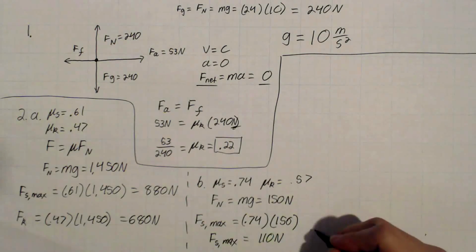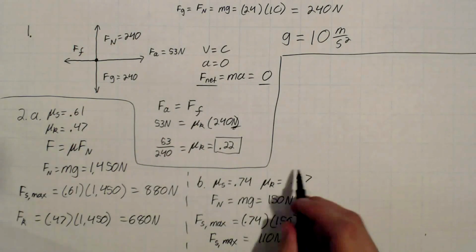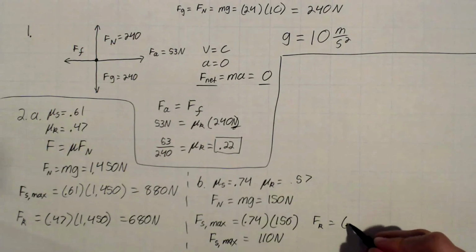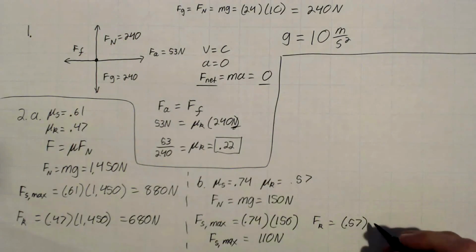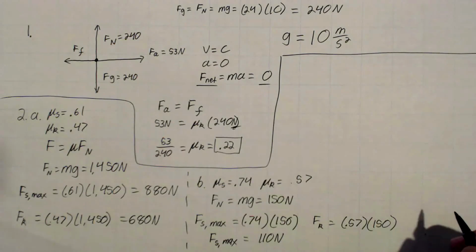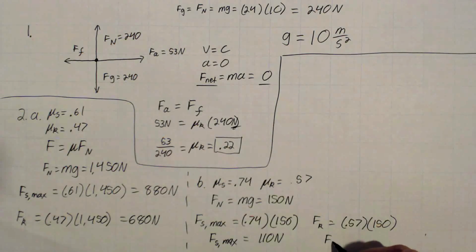And for our kinetic force of friction, it's going to be equal to our kinetic coefficient times our normal force. Because remember, force of friction is always just going to be your coefficient of friction times your normal force. And when you plug that in, you get 86 newtons.